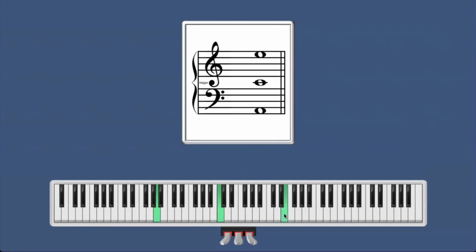Top space E, good. And then we have F. I think that's below bottom space A, right? F clef F, right below middle C. Okay. And then G, which is above C. G clef G, good. And then low C and high C. Good job. You got them all.